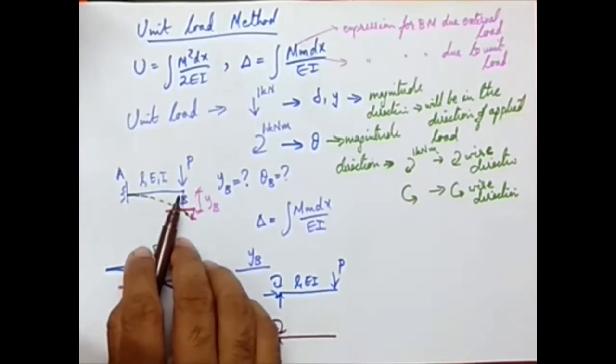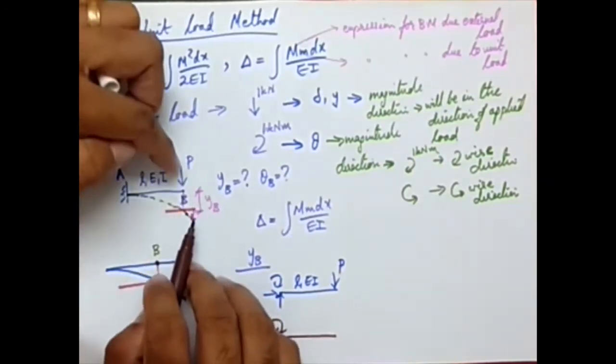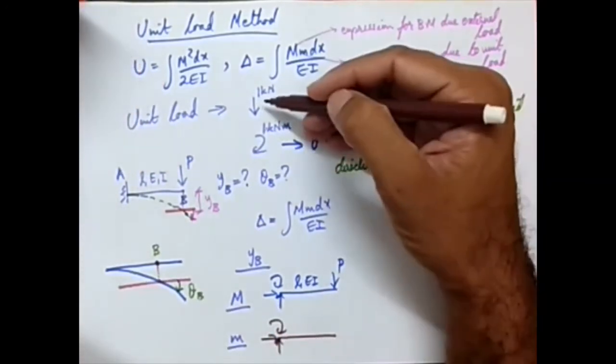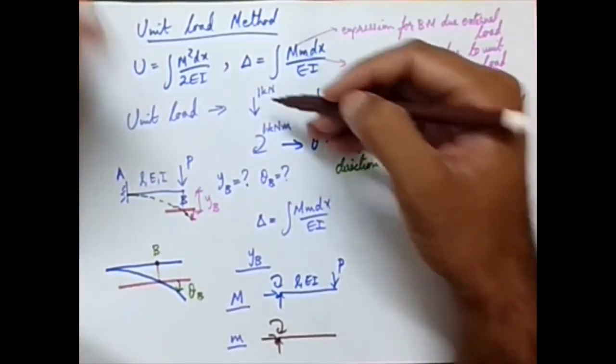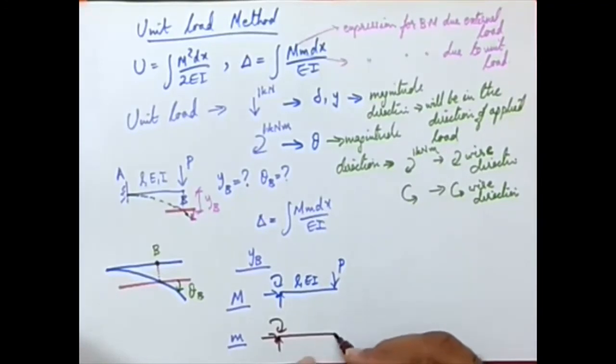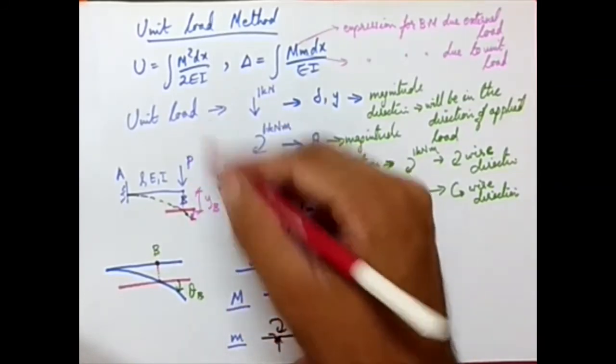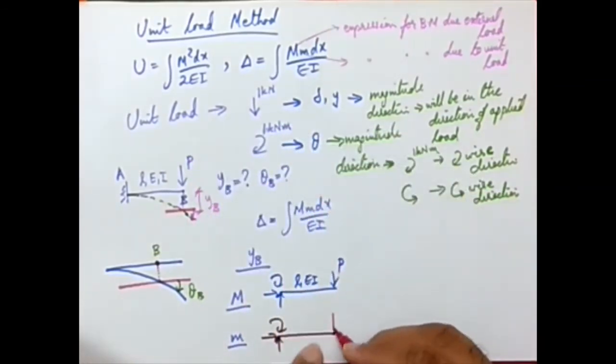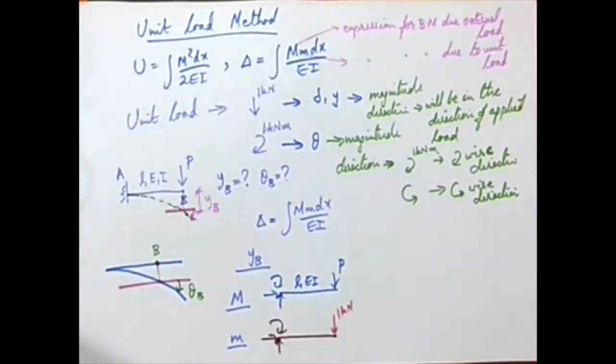I need the deflection at point B, and what I want is the vertical deflection. So I need to apply a unit force at point B, and the vertical deflection is what we wanted. So I am applying the unit load like this.